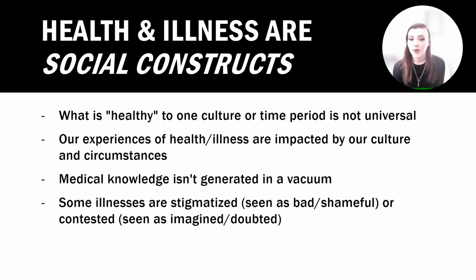And that's interesting because if you think about it, viral or bacterial infections like a cold or flu are not really seen as potentially shameful as something like an STI. And that's not something that's built into the virus or bacteria causing the illness. That's our understanding of that illness. That's morals or values that we attach to those different illnesses, right? And that would be an example of social constructionism.